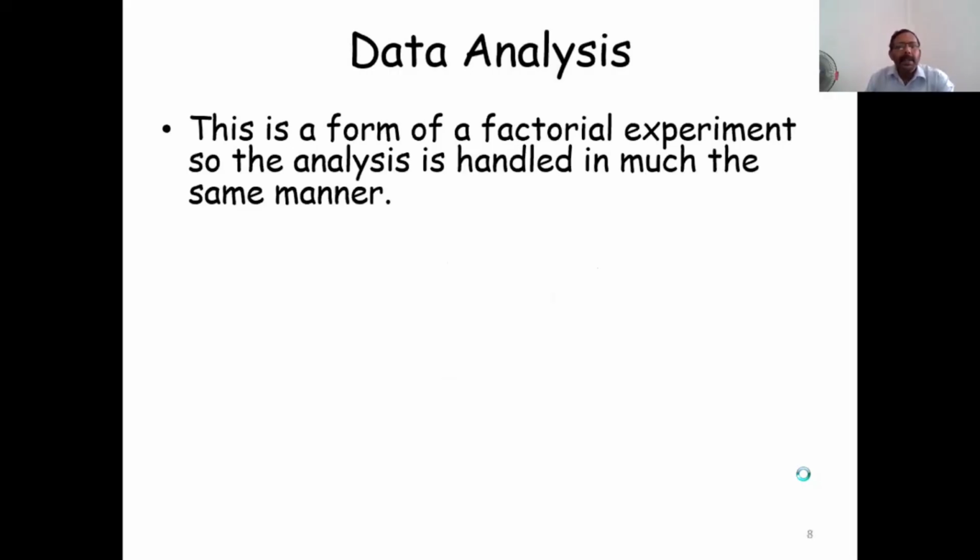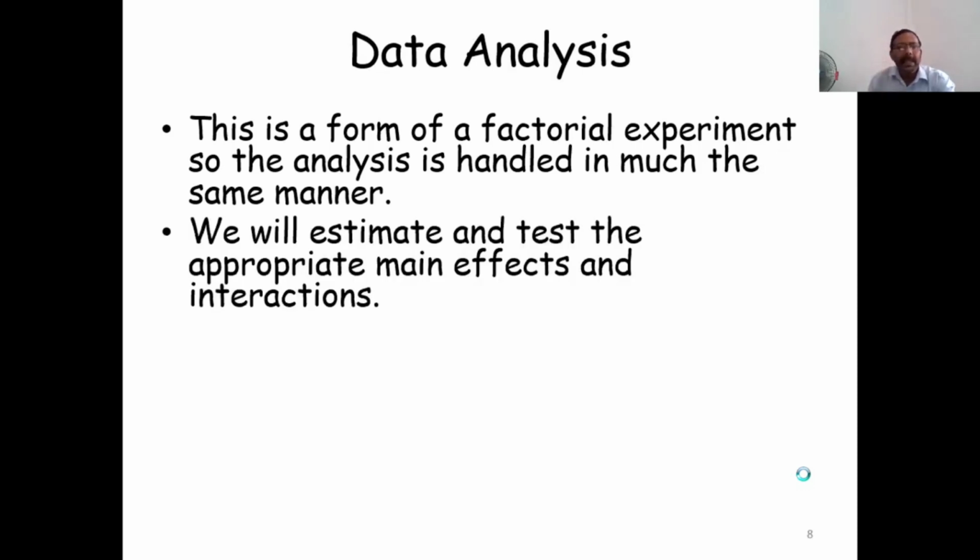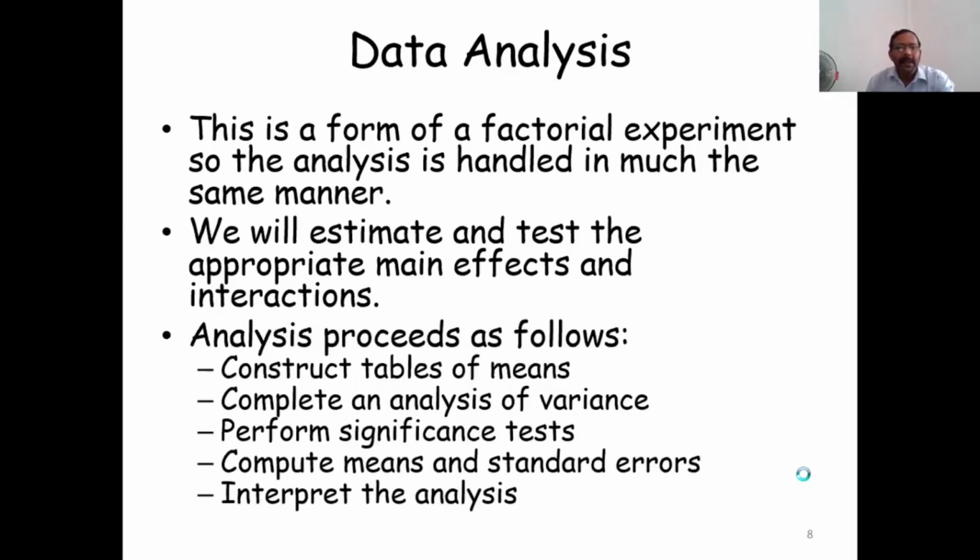Data analysis. This is a form of factorial experiment, so the analysis is handled in a similar way. No difference between the factorial and here in the analysis, especially in the calculation. We will estimate and test the appropriate main effects and the interaction. The analysis procedure is as follows. Make a note of it.